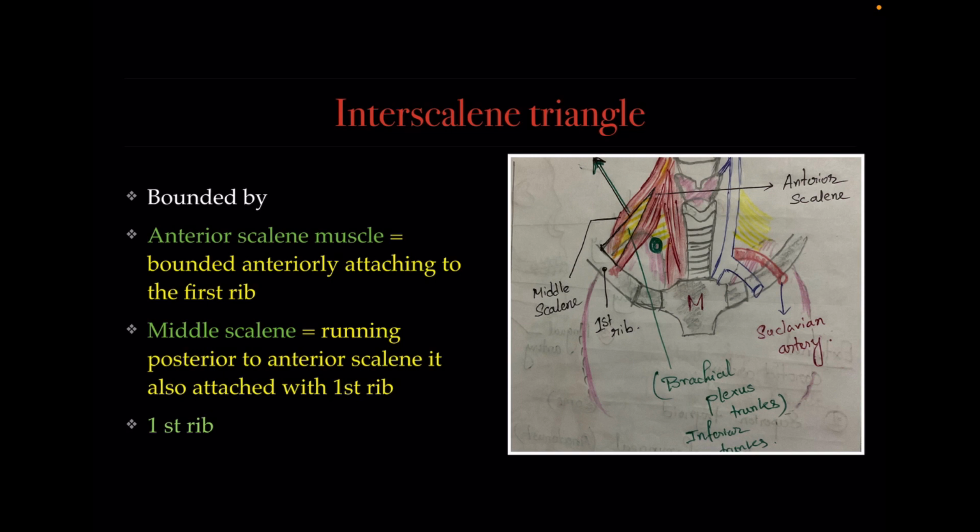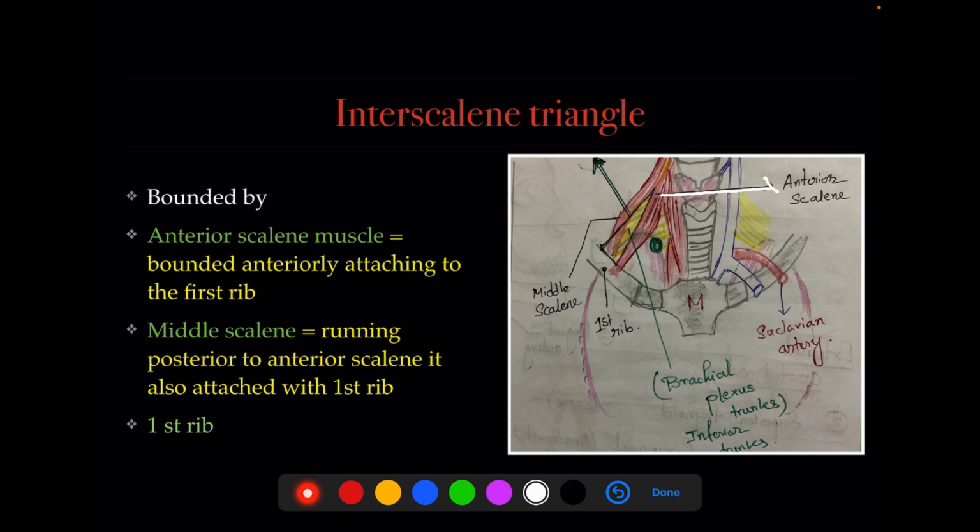Now, in this thoracic outlet, we have the scalene muscles, and the triangle is called the interscalene triangle. It is bounded by the anterior scalene muscle. Here I am using white color to identify it. This muscle attaches to the first rib here inferiorly.